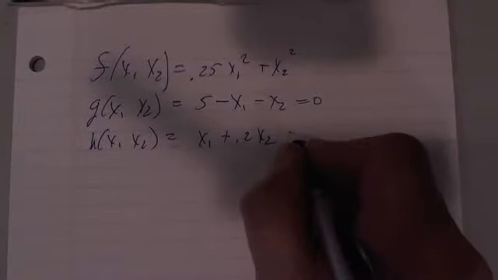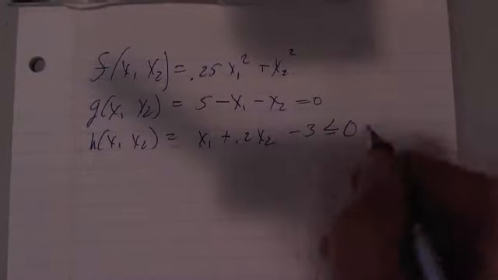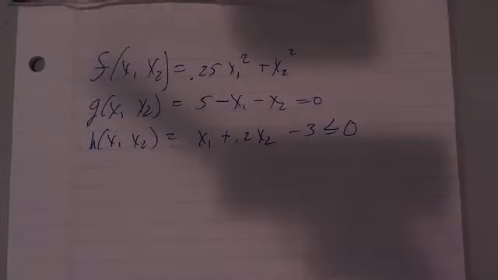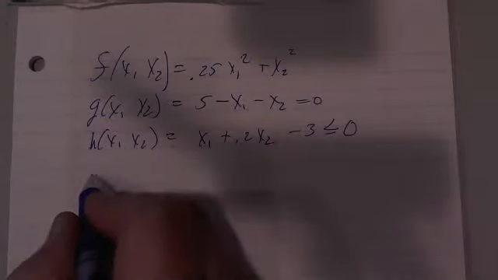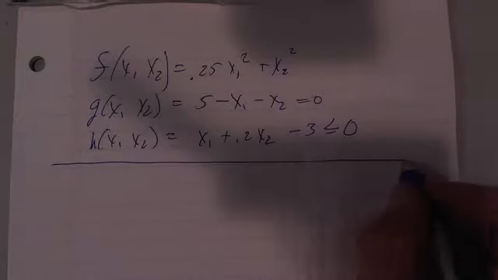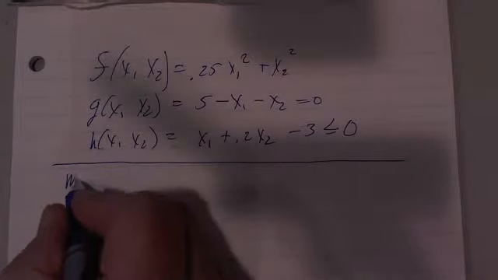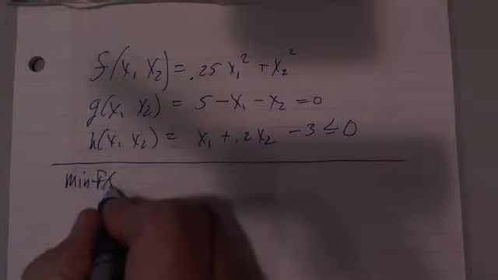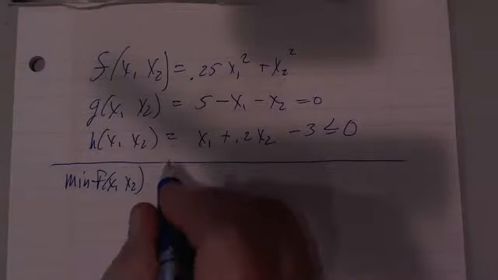And then h of x1, x2 is x1 plus 0.2 x2 minus 3 less than or equal to 0. So if you go back to that appendix, you can see the picture of it and so forth. And to do this interior point, we're going to say minimize f of x1, x2.